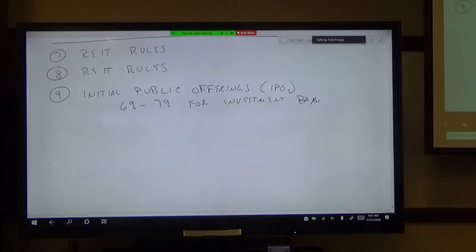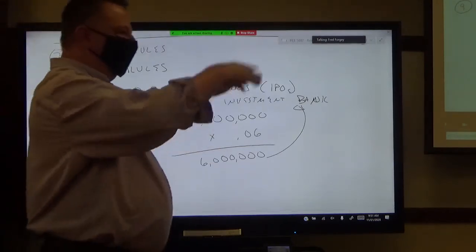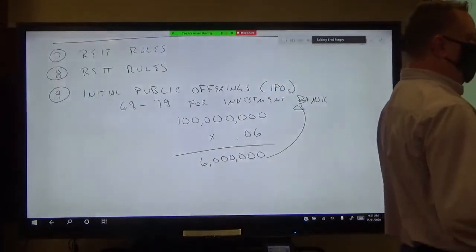So, simple way of looking at this, if you've got $100 million that you're trying to raise in funds, you're going to pay, let's say, 6% of that, or $6 million to an investment bank for their assistance in getting those shares of stock sold for you.